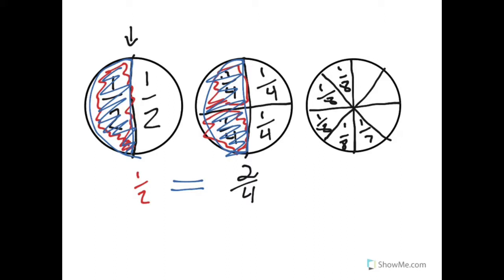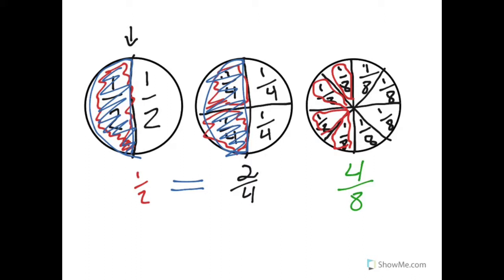Here's 1 slice out of 8 total. 1 slice out of 8 total. 1 part out of 8 parts in the whole. 1/8. Okay? If I was going to eat this slice, this slice, this slice, and this slice, that means I have now eaten 4 slices out of 8 total slices, or 4/8.